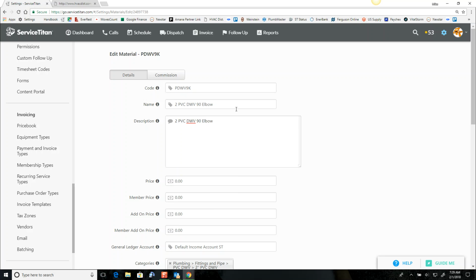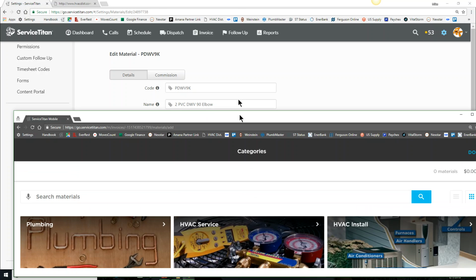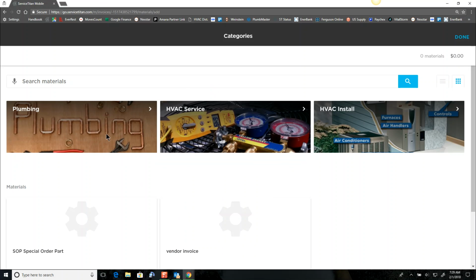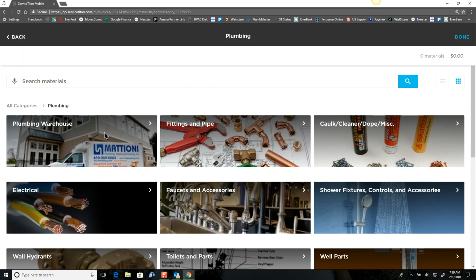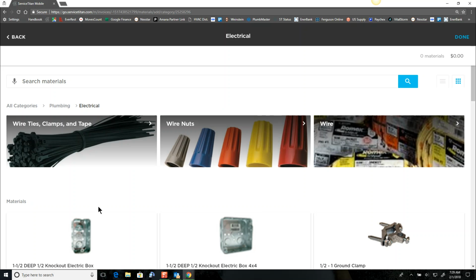This is very standard across the industry. If we jump back in and open up an electrical division, for example, all my departments manage some type of electrical items like wire ties, wire nuts, wire. Every Service Titan company that has more than one business unit is always going to have overlapping material.